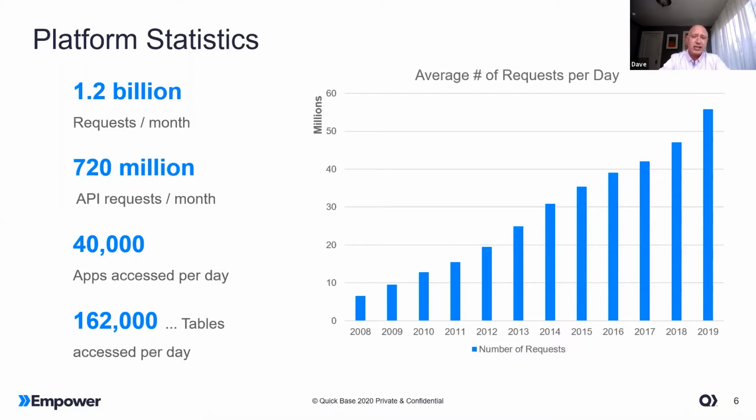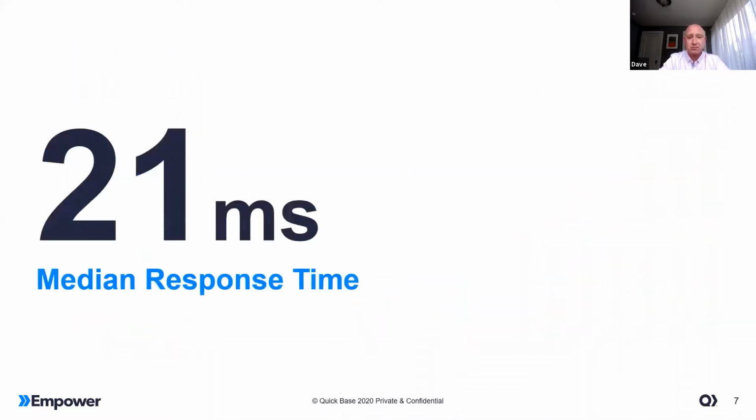And you can see the way that our platform has been scaling and how the activity on the platform has been growing over the years. It's very impressive. I've been working really hard behind the scenes to continue to improve the platform so that it continues to deliver top-notch performance for all of our customers.